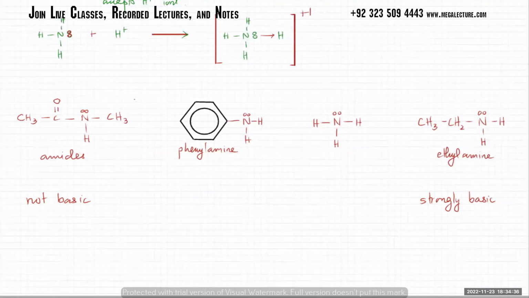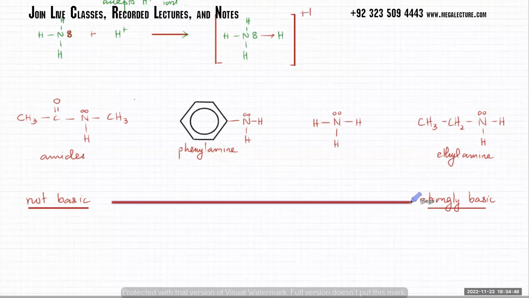That's your last one. That's strongly basic. Or when you move to the right, the strength of bases, or basicity, increases. ठीक है? So they're ordered in this way. तो यहाँ पे strength of bases जो है, that's increasing to the right. ठीक है?